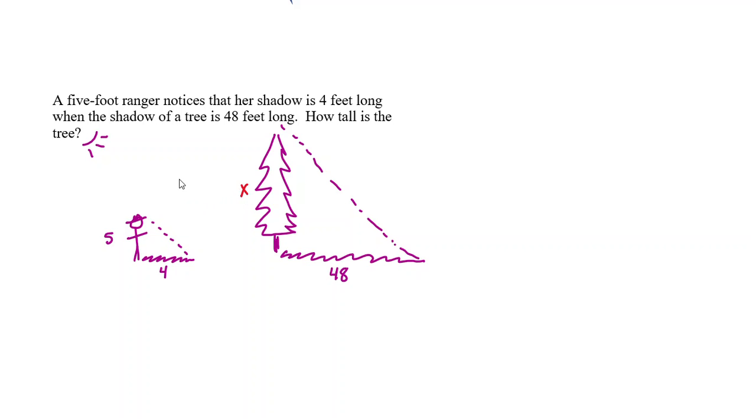And the big deal with this exercise is that the angle of the sun creates, with the person standing straight up with a shadow, because the angle of the sun is the same if you're in relatively same locations, not exactly the same, but within a few feet of each other, that angle is going to be the same, and so those triangles are going to be similar triangles, and therefore the sides are going to be in proportion.